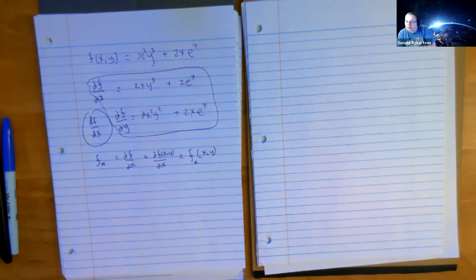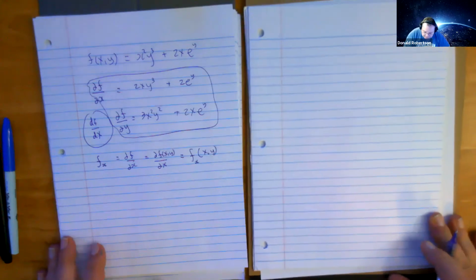You're slicing the shape up in two totally different directions. One, you're slicing it parallel to the x, and the other, you're slicing the shape parallel to the y. You're basically finding the derivative on one of those slices. So that's what a partial derivative essentially does.